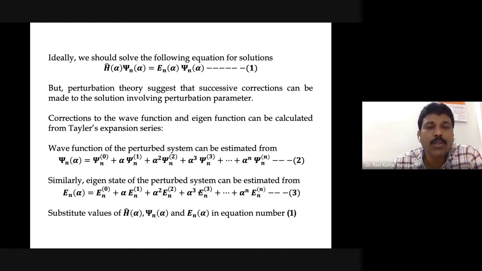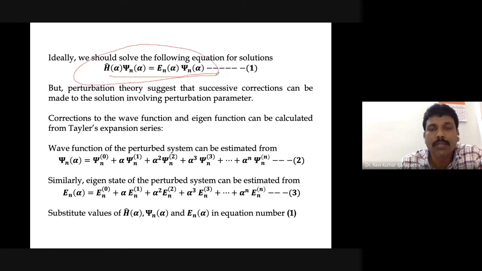Ideally, what we should do is try to solve the time-independent Schrodinger wave equation, that is, H psi is equal to E psi. Instead of H, we have the perturbed system Hamiltonian, and then when it operates upon a suitable wave function, well, please remember that if the system has undergone a perturbation, then the wave function changes.